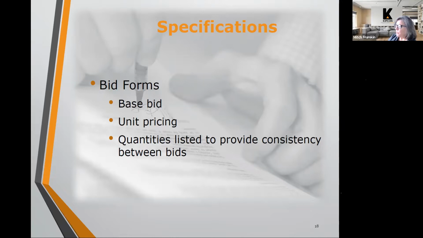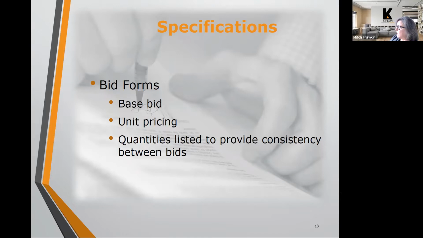So when we begin a project, it's always ideal if the association has the original plans for their community, because that gives us an accurate base for estimating. In older communities, obviously, you don't have those plans readily available, or you don't have a recent survey readily available. So we will oftentimes use satellite imaging, such as Google Earth, to lay out the graphical representation of the roadways.